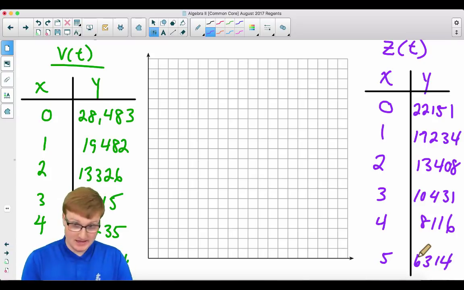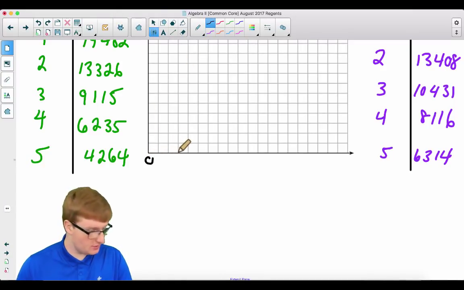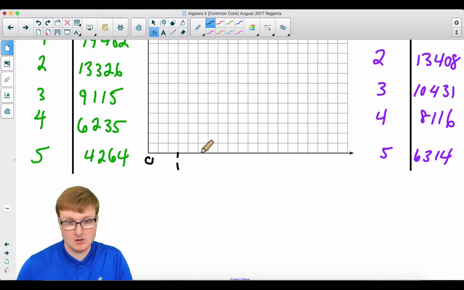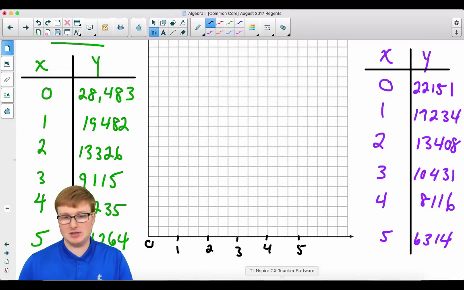Okay, so now we have this. We're going from 0 to 5. I'm going to label appropriately. I'm going to make this 0, then 1, 2, 3, 4, 5. Now I know that I stopped at 30,000.